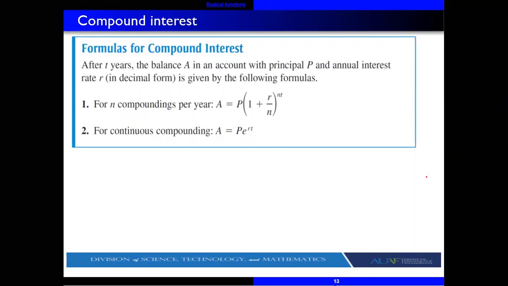Simple interest, compound interest. And interest means actually a fee for the use of money.